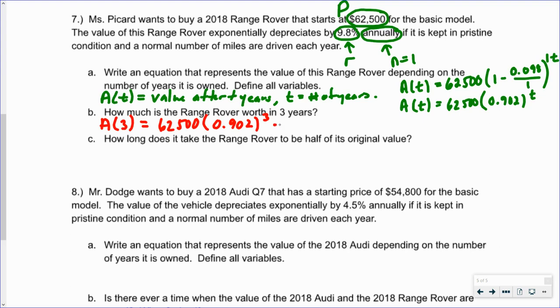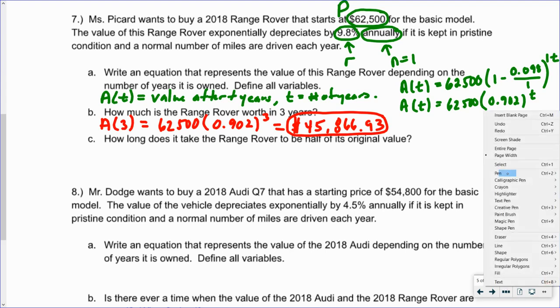Now, if we do that out on our calculator, we should get somewhere around $45,866.93. So after 3 years, the car has gone from being worth $62,500 to $45,866. So you've lost quite a bit of money there.